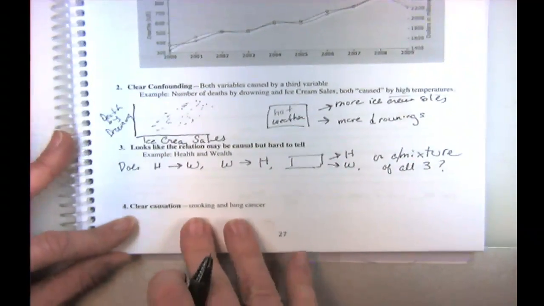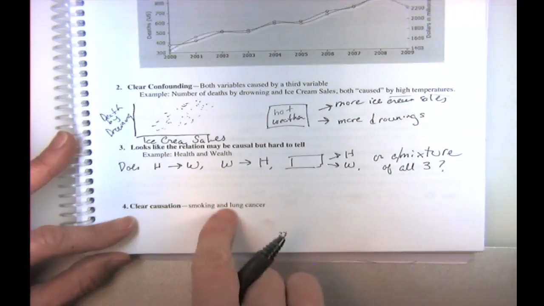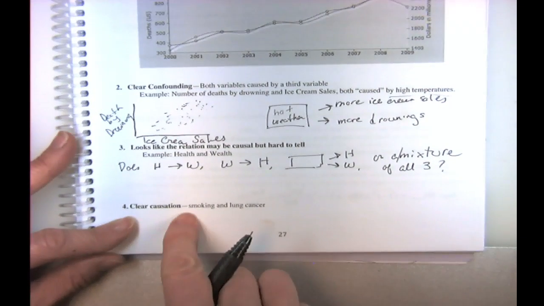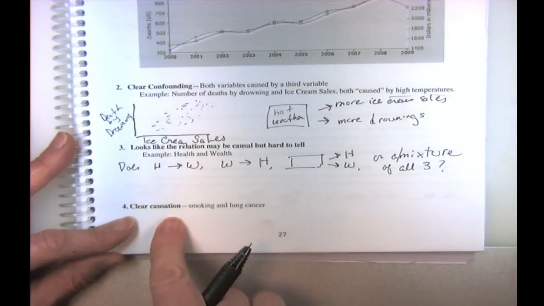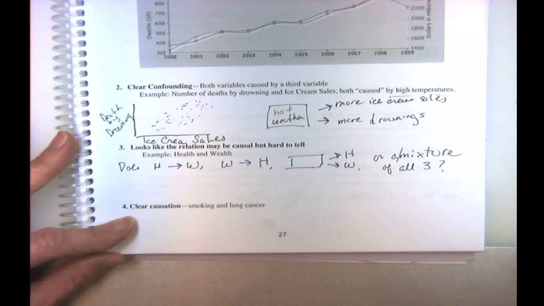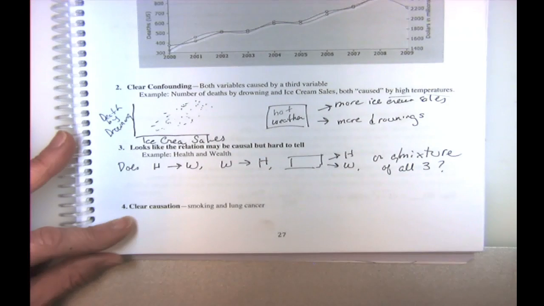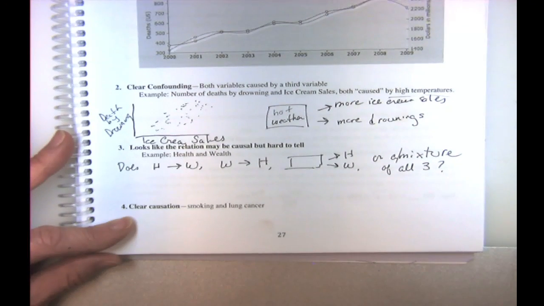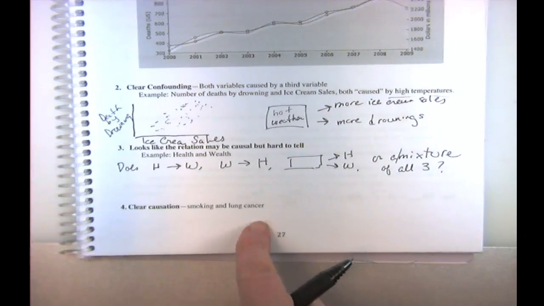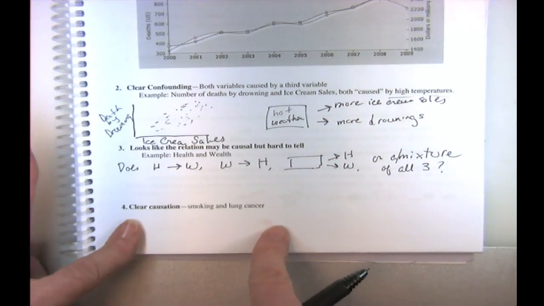And then the clear causation, well, how do you arrive at clear causation? Well, there's experimental data. Smoking nicotine is a clear carcinogen. We've done many studies on other mammals that show in the laboratory how that happens, and there's a huge amount of evidence, both observational and experimental, to show that.